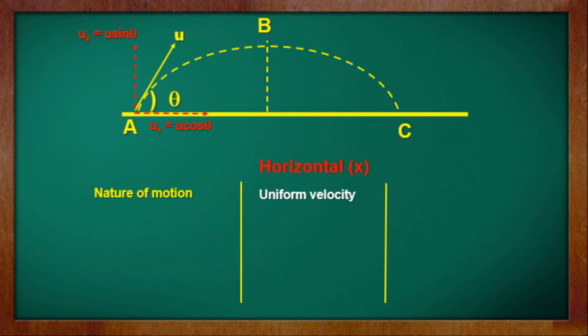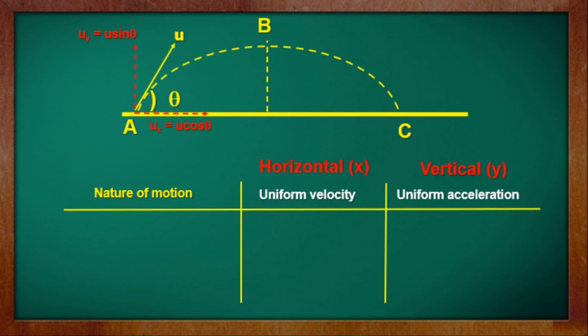Along the vertical, the gravitational force acts, and when the force acts, definitely there is acceleration, and the acceleration acting on the body is uniform acceleration. So, projectile motion is a combination of two types of motion: uniform velocity along the horizontal, and uniform acceleration along the vertical, and this combined motion is called projectile motion. What is the acceleration of the projectile along the horizontal?